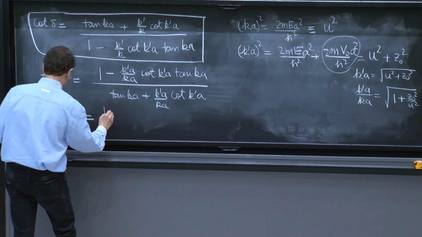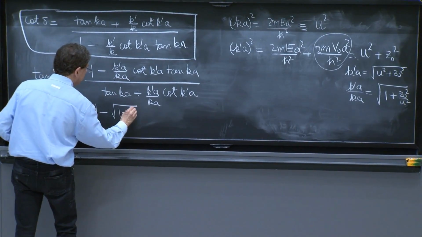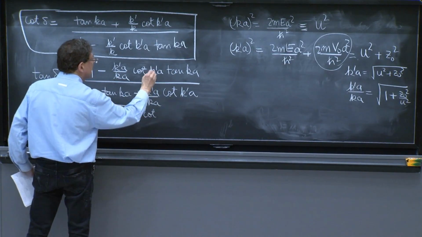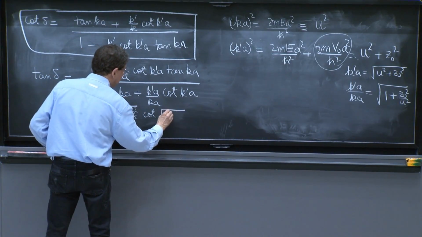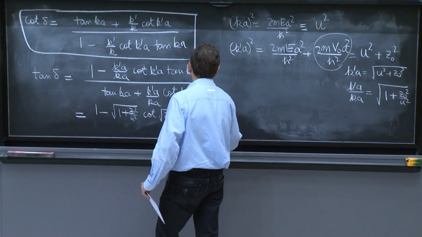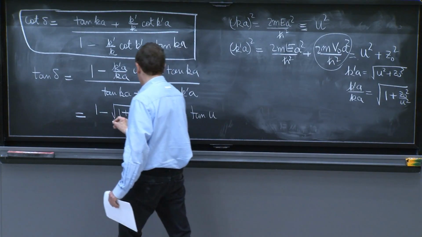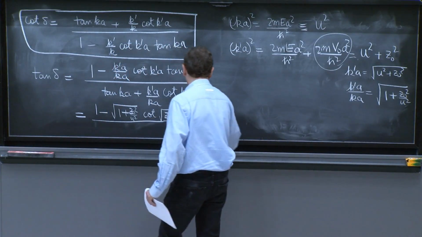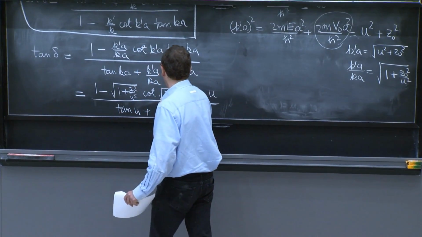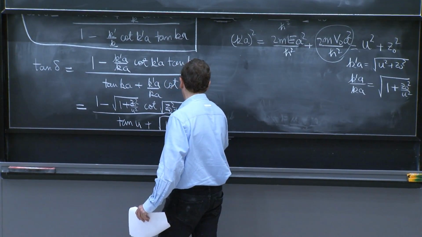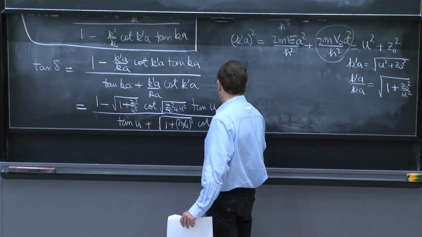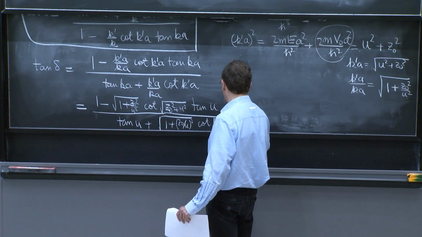Probably I should write it here. 1 minus square root of 1 plus z naught squared over u squared, cot k prime a, where k prime a is the square root of z naught squared plus u squared, and tan of ka, which is u, over tan u plus square root of 1 plus z naught squared over u squared, cotangent of square root of z naught squared plus u squared.